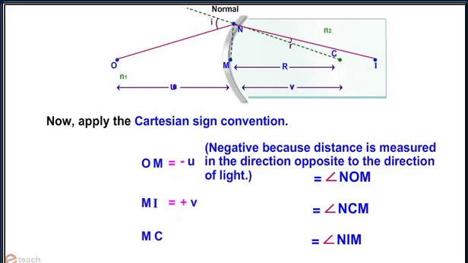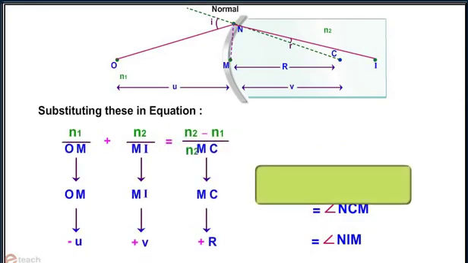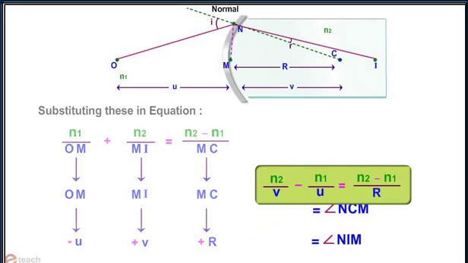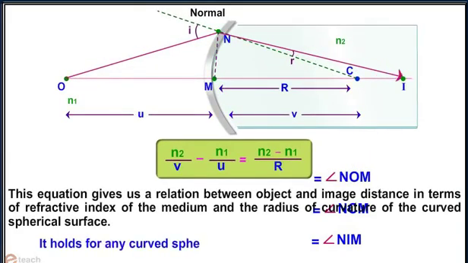MI equals plus v and similarly MC equals plus R. Substituting these in the equation, we get N2 by v minus N1 by u equals (N2 minus N1) by R. This equation gives us a relation between object and image distance in terms of refractive index of the medium and the radius of curvature of the curved spherical surface. It holds for any curved spherical surface.